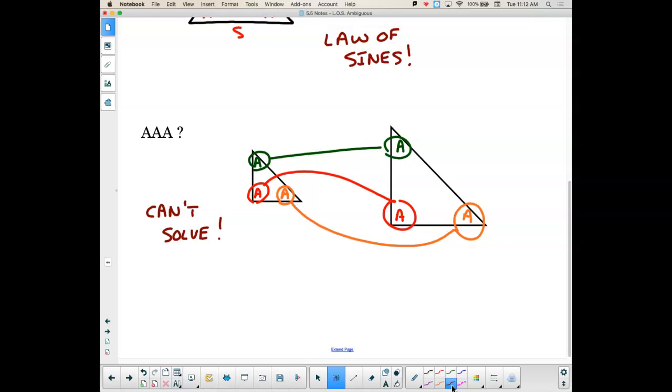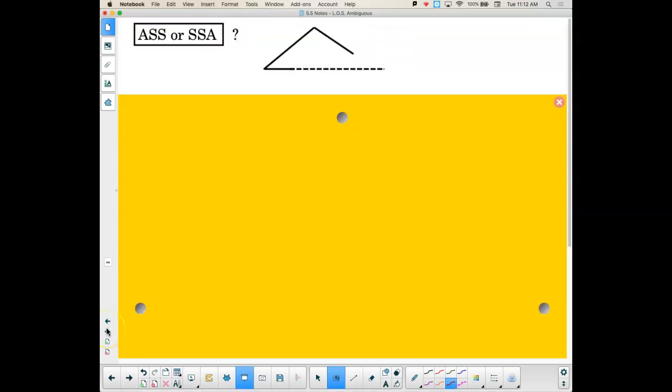Alright. Let's try the naughty case. Okay. So our angle side side case. So we've got an angle, we've got a side, and we've got a side.